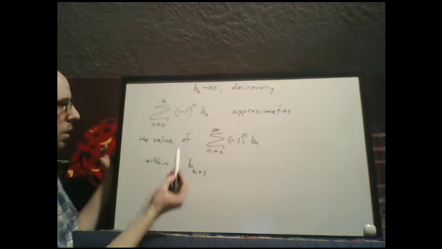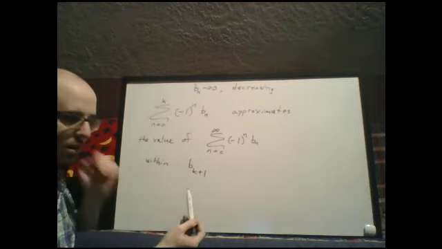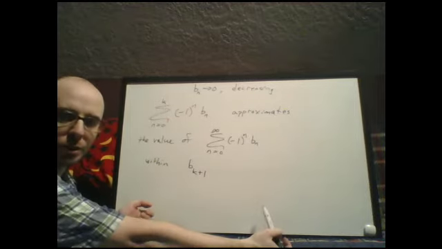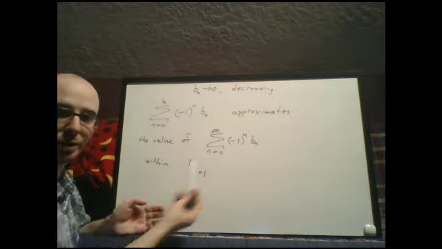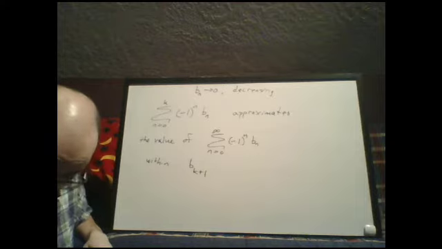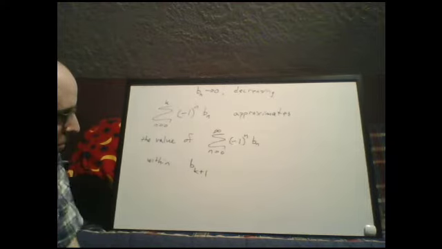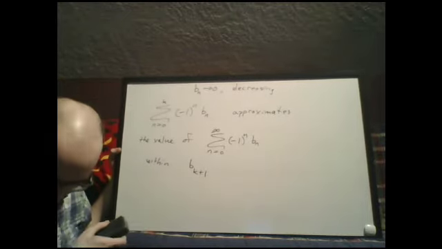So the next B after I stop, if I add or subtract that, it's going to overshoot the actual value of the infinite sum. Okay. So we're not going to be using this, but let me just illustrate this with an example so you see it.